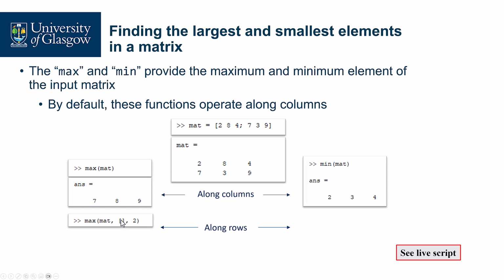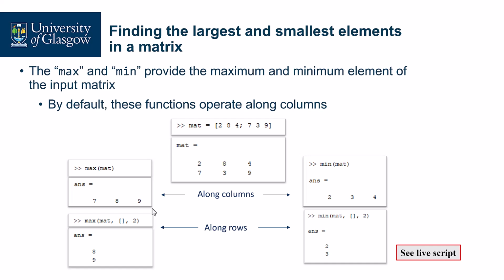There's no reason, this is just the syntax, right? When we use this format, we get the answers along the rows. So we can see 8, 9 here: the maximum of the first row, the maximum of the second row. For the minimum, you can see it yourself, right? So this is the max and min functions.